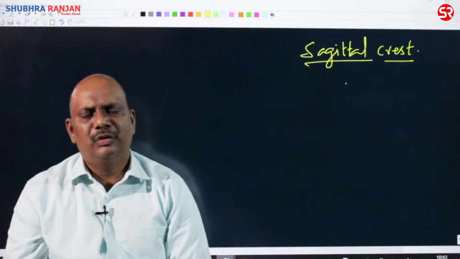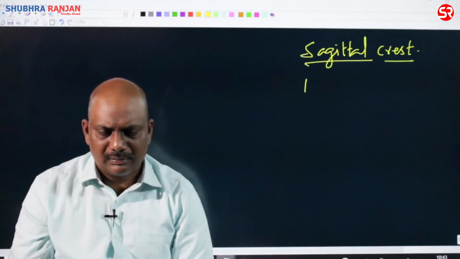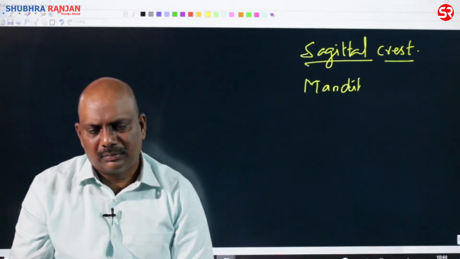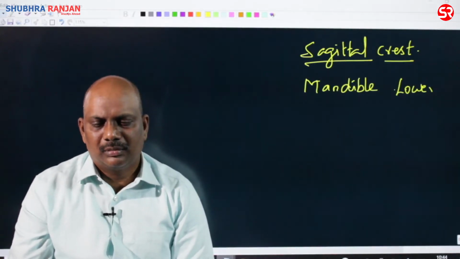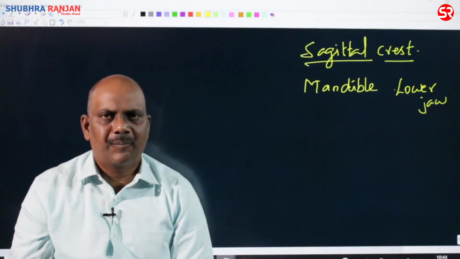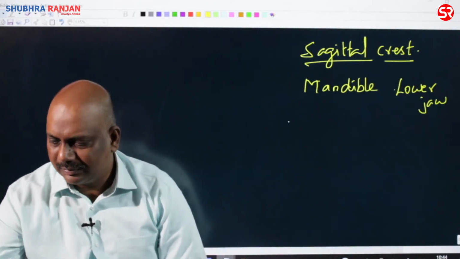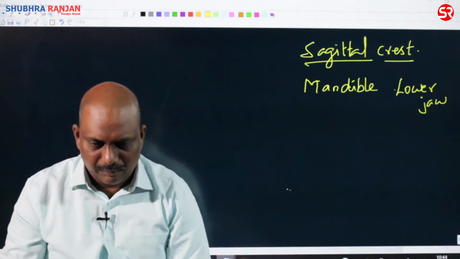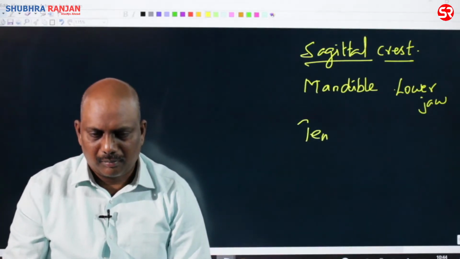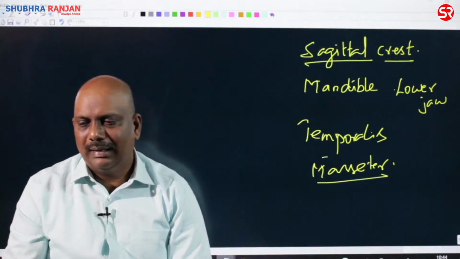And with this, we should also be comfortable with other anatomical terms like mandible. Mandible means lower jaw. We also discussed two important muscles, temporalis and the masseter.